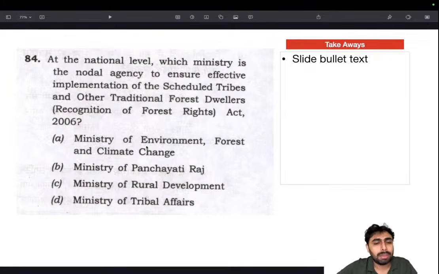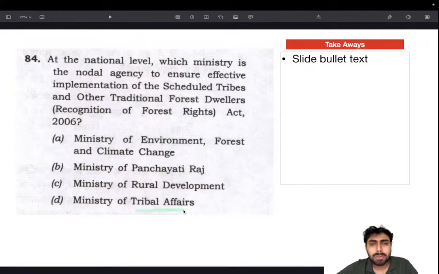Forest Rights Act. Okay. Ministry of Environment, Forest and Climate Change. This is a plausible ministry because they are the ones dealing with forest and management of forest, things like that. So it's plausible. Ministry of Panchayati Raj: chances are very less. Of course, Gram Sabha is involved, but the Ministry of Panchayati Raj mostly deals with rural development or things like that. Ministry of Rural Development, not really, because their entire focus is different. Ministry of Tribal Affairs.